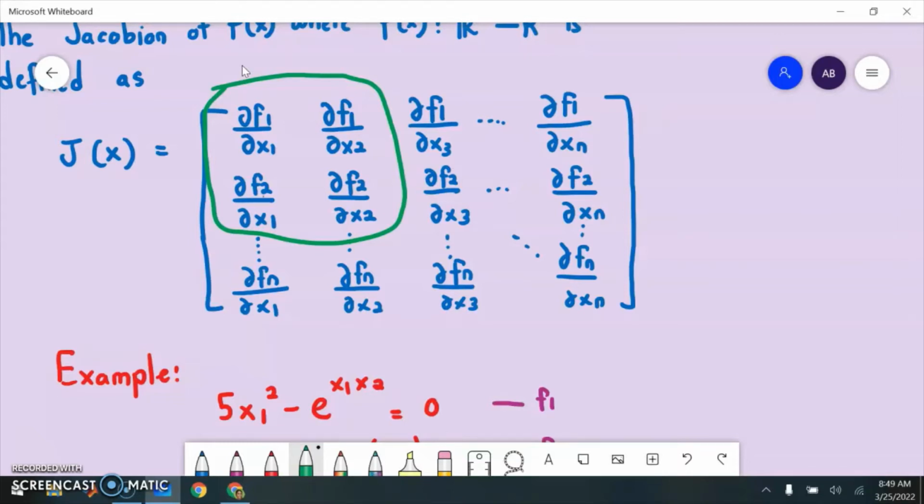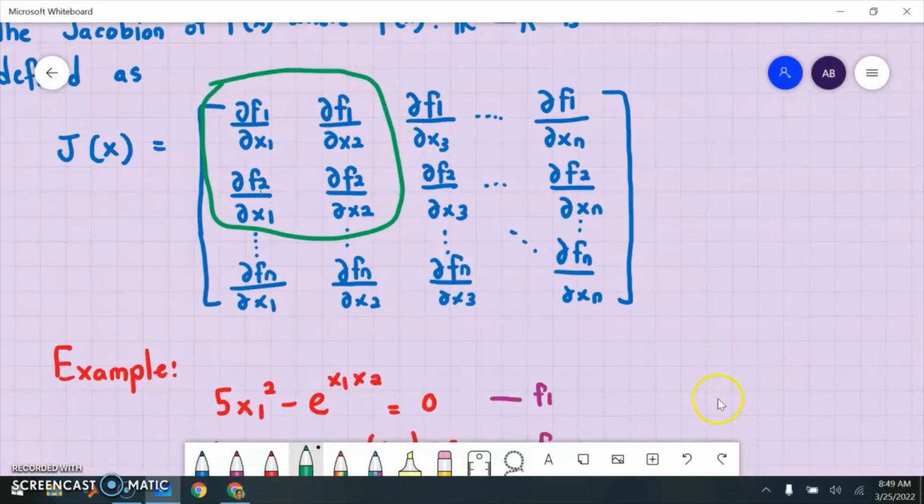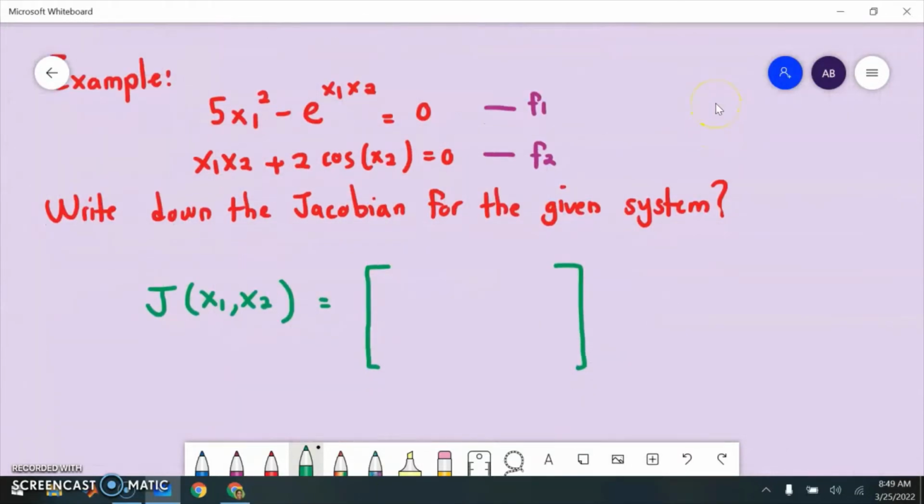For the first function f1, take the derivative with respect to x1, and for f1 take the derivative with respect to x2. Then move on to the second function, take the derivative with respect to x1, and take the derivative with respect to x2. So let me write it down: a 2 by 2 Jacobian matrix, the first column with respect to x1 and the second column with respect to x2, for my f1 and f2.